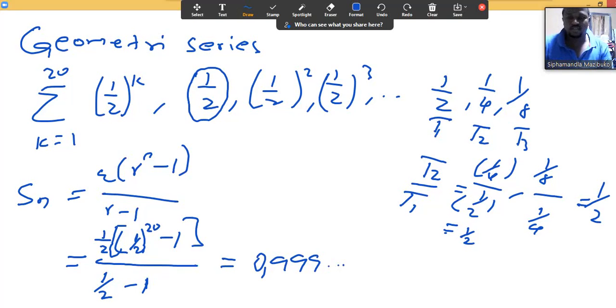Okay, so that is how we find the summation of a geometric series, using the sigma notation. Let's try another example that is a geometric sequence and see if you can work on it.